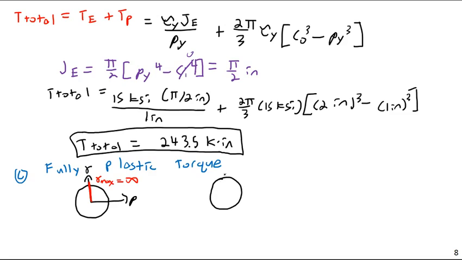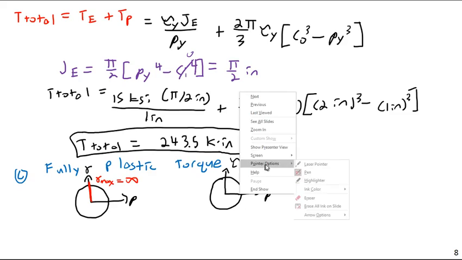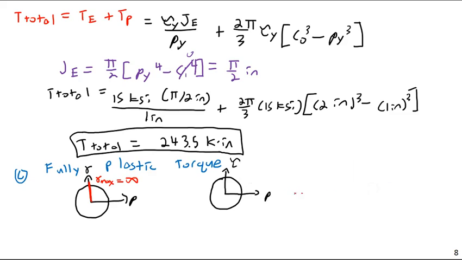And then here, rho and tau, well, this is going to be constant. There's going to be a yield stress throughout the material's section. So even at the very center of the circle, it's going to be yielded.